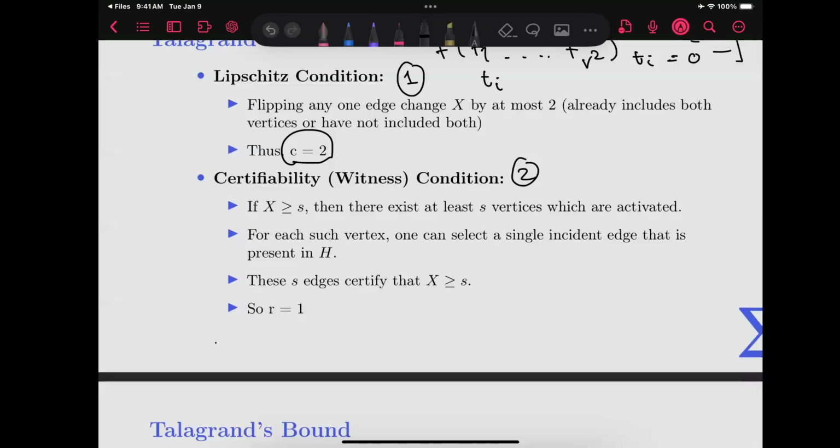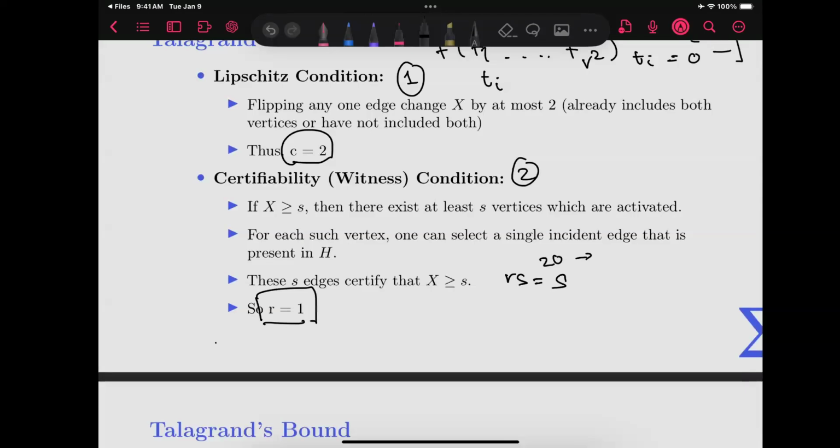The smallest number of edges I have to see to guarantee that is 20 edges, because every edge that exists in graph H increases our X by 1. So if we want to see 20 vertices in graph H, we have to see at least 20 edges to make sure our X will be at least 20. So our r s triangle will be s, and that's why our R will be equal to 1.